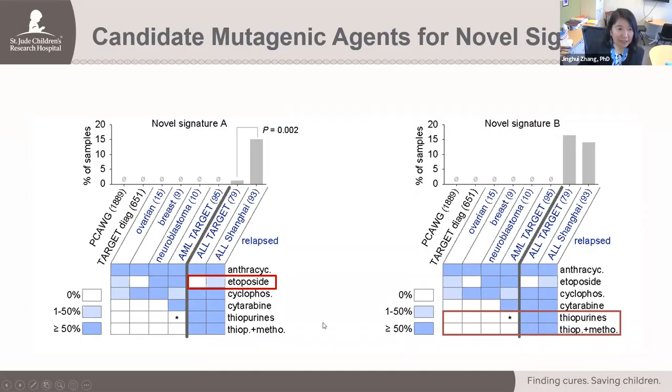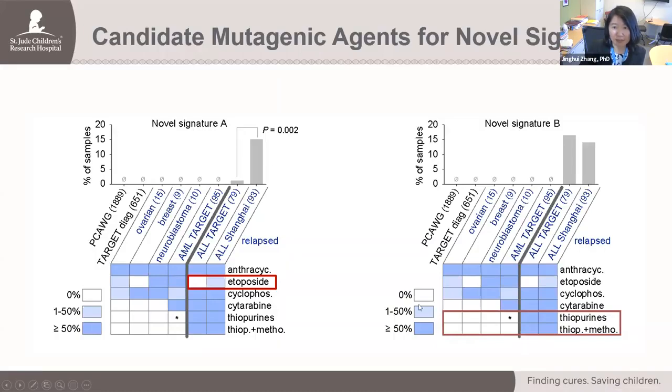What we found is that novel signature A appears to be predominantly discovered in the Shanghai cohort. We only found 1 relapsed patient in ALL TARGET that has this novel signature A, suggesting an agent that is probably unique to the Shanghai treatment led to the rise of this signature.